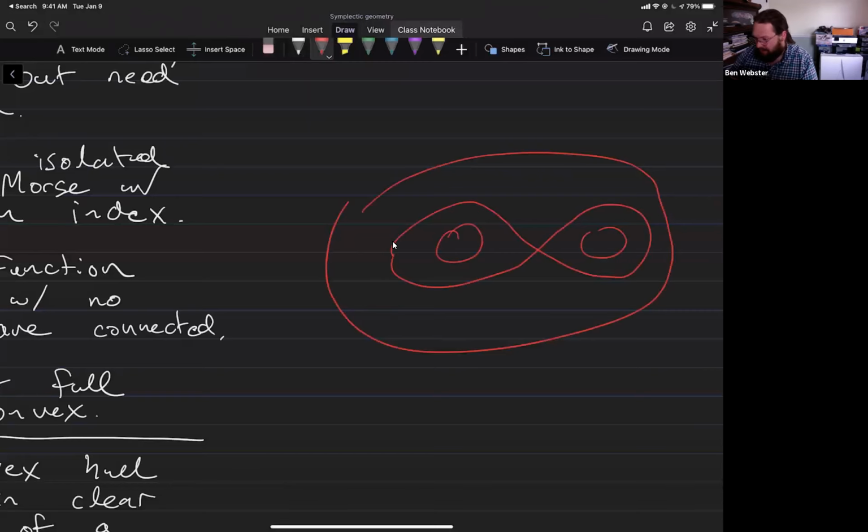I have a level set here which is disconnected, but the whole space is connected. But exactly what happens here is the level where the two things join is an index 1 critical point.